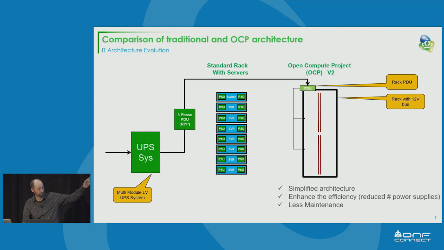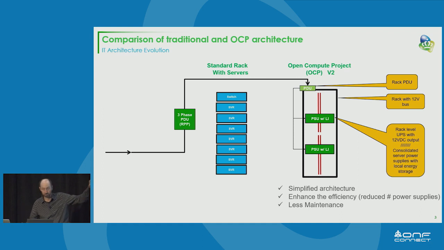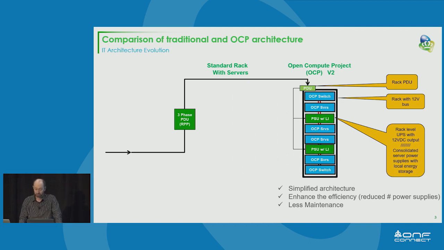It's fed into the bus bar, which has 12 volt on it, and all the power is done in a central spot in the rack and not on each of the components, which gives you a lot of efficiency in terms of power, but also in cost. You reduce components, and you have less maintenance. All the servers connect to these bus bars. So there are a bunch of advantages in moving in this direction.